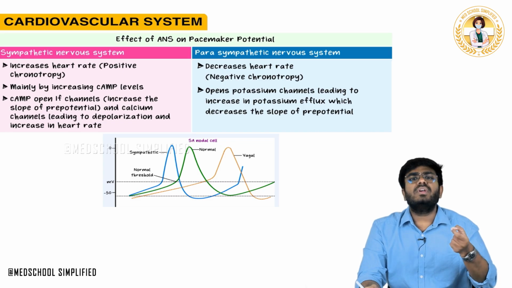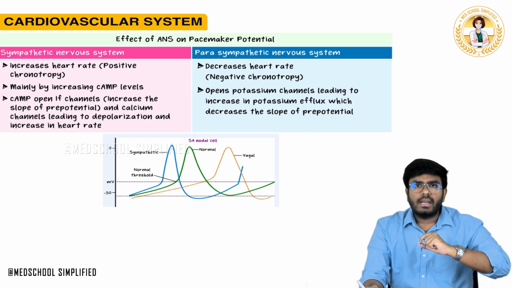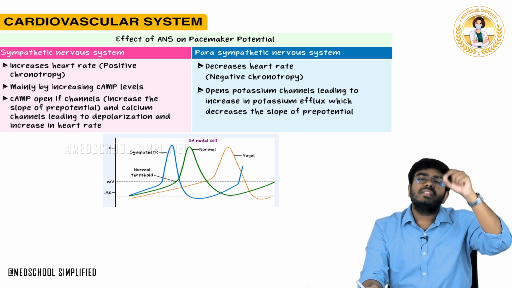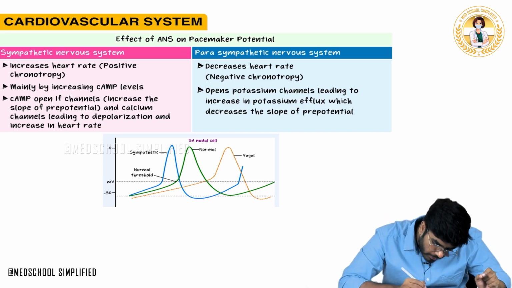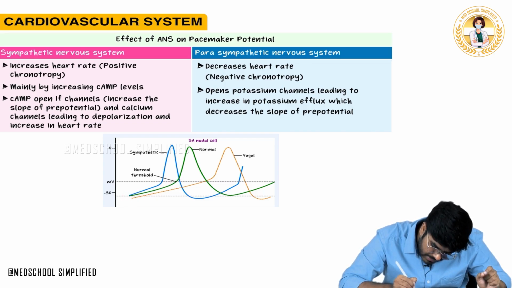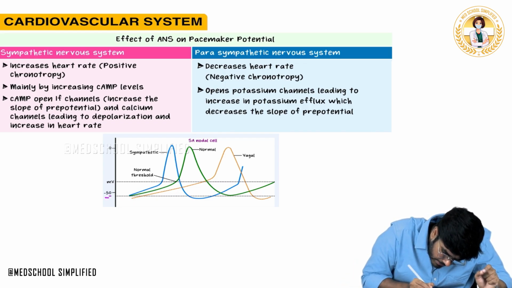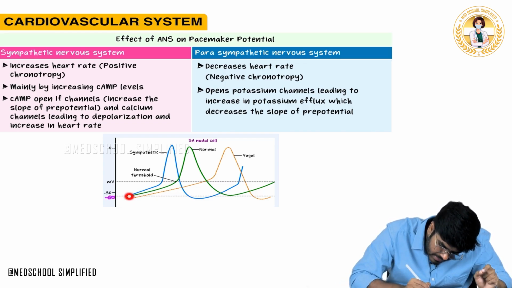But now, depolarization will happen every 0.3 seconds. What I am trying to put into your mind is that the prepotential phase normally takes 0.8 seconds to go from minus 60 to minus 40.